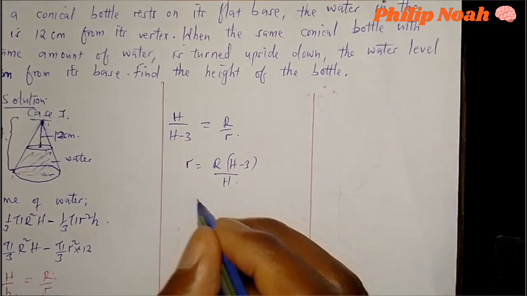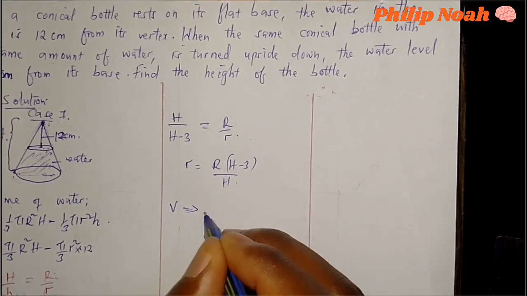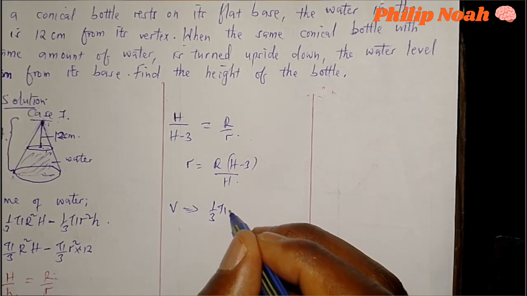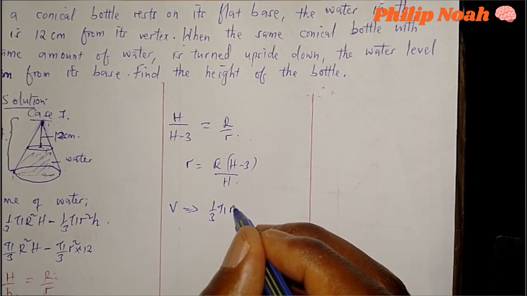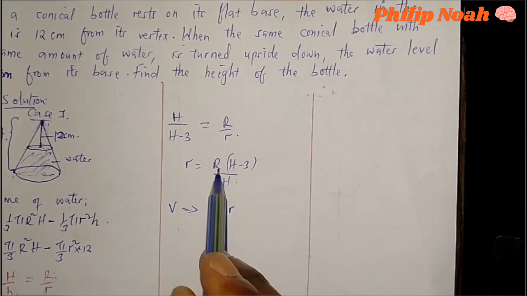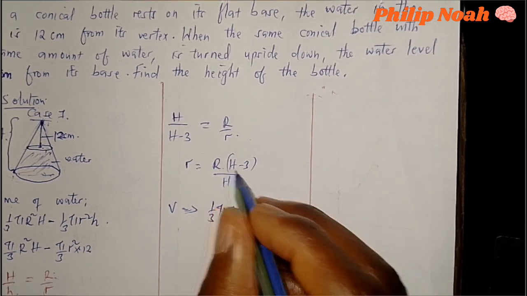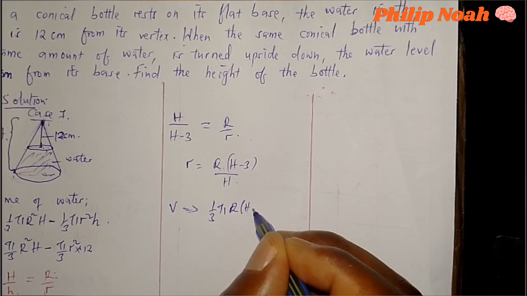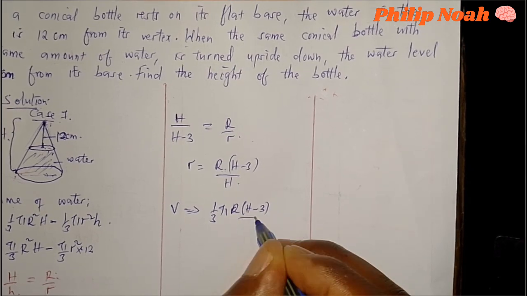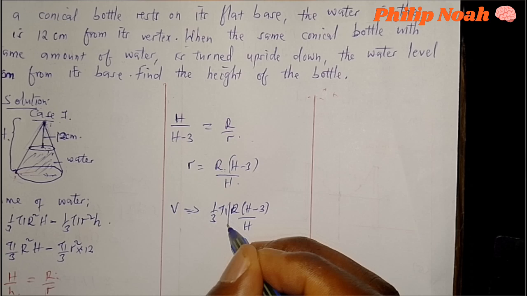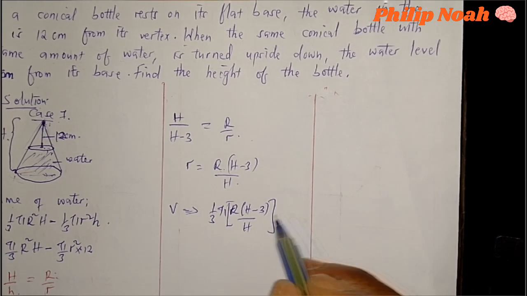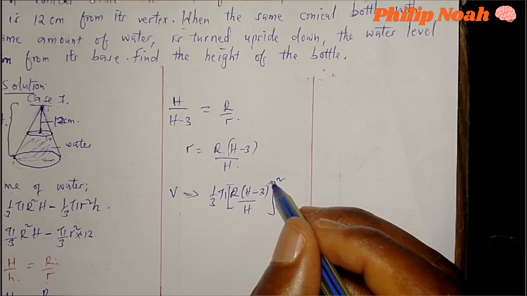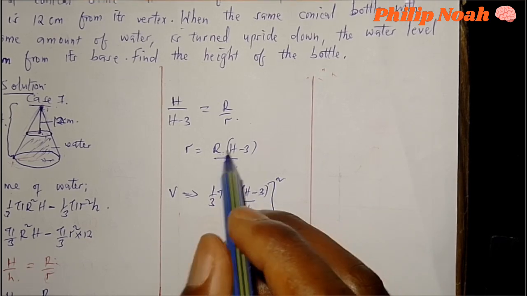Now the volume will be a third pi R squared times height, and our R now is the capital R, that is r times h minus 3 over h, squared, times height.